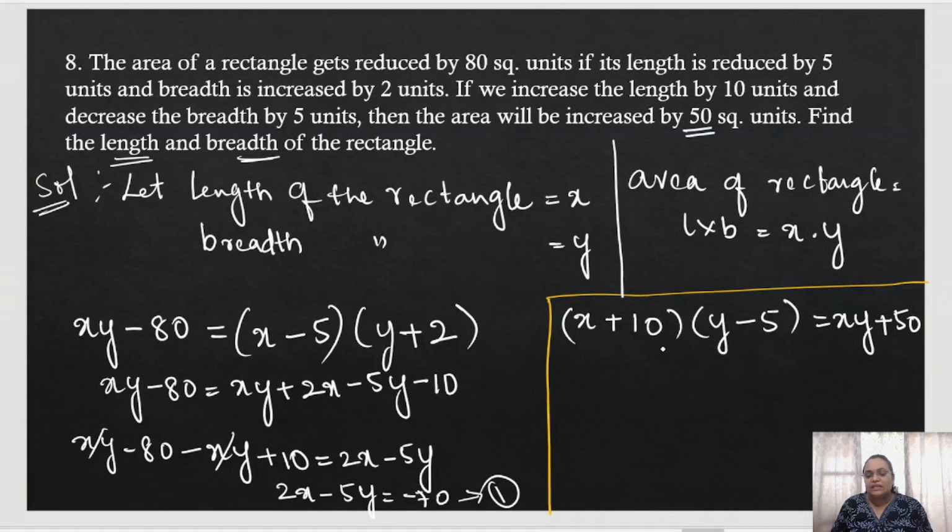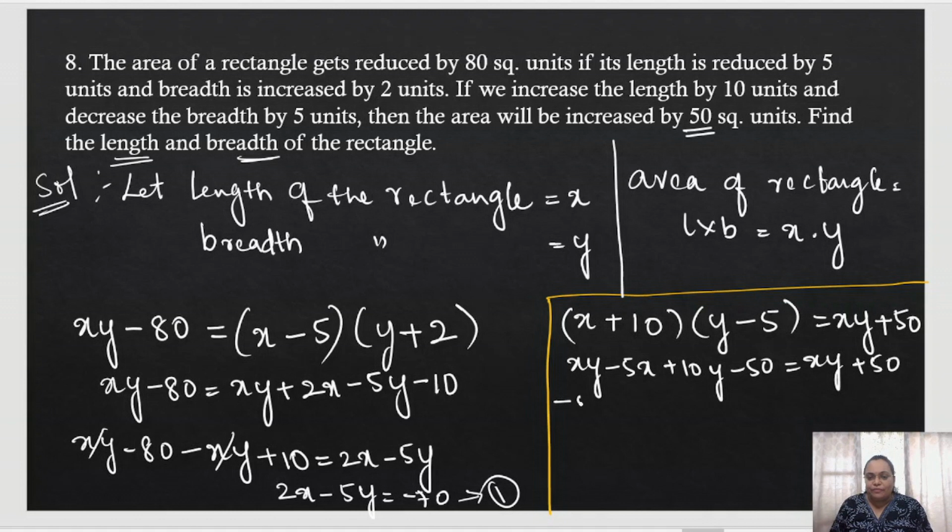Let us first multiply these both. You will get xy minus 5x plus 10y minus 50 is equal to xy plus 50. I am just sending this xy to the RHS and minus 50 to the RHS.